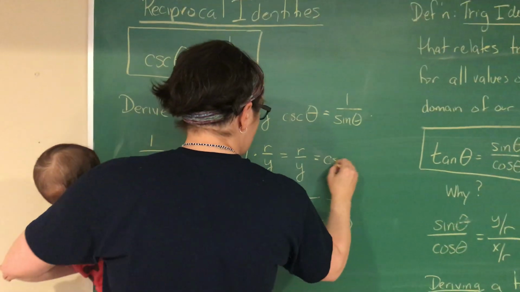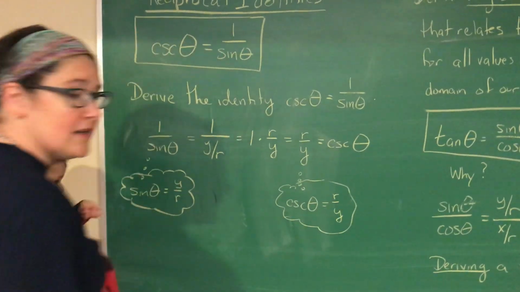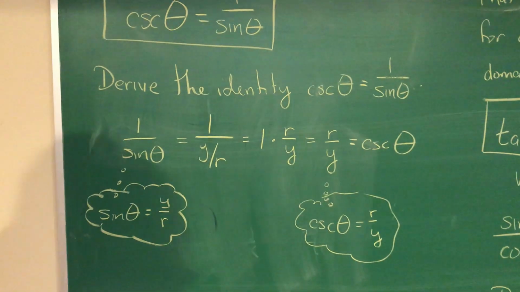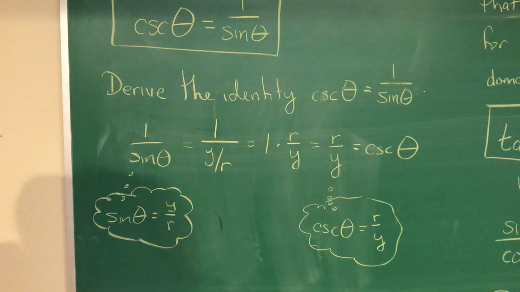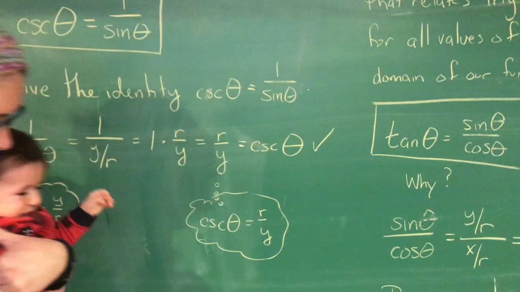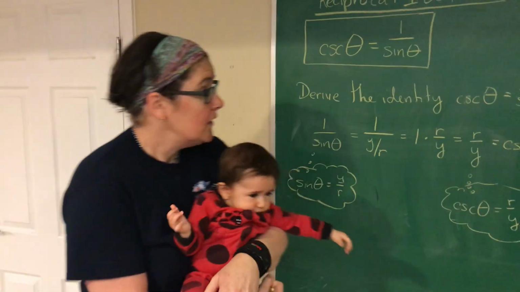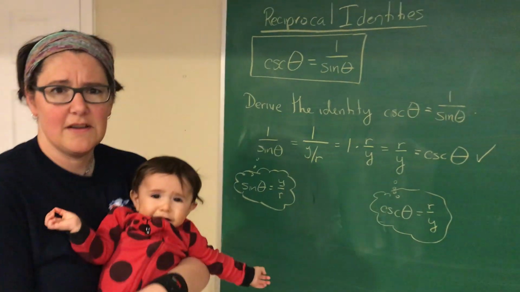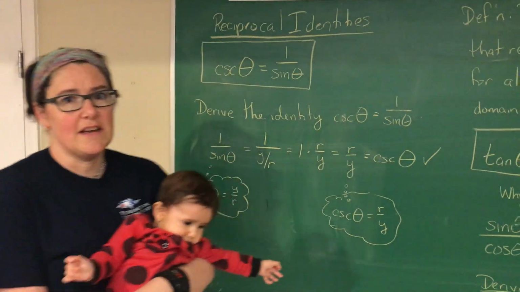So r over y is cosecant of theta. So I started with 1 over sine of theta, and I linked together a bunch of x's, y's, and r's, and I came up with cosecant of theta. All right, so we have just derived the identity cosecant of theta is 1 over sine theta.